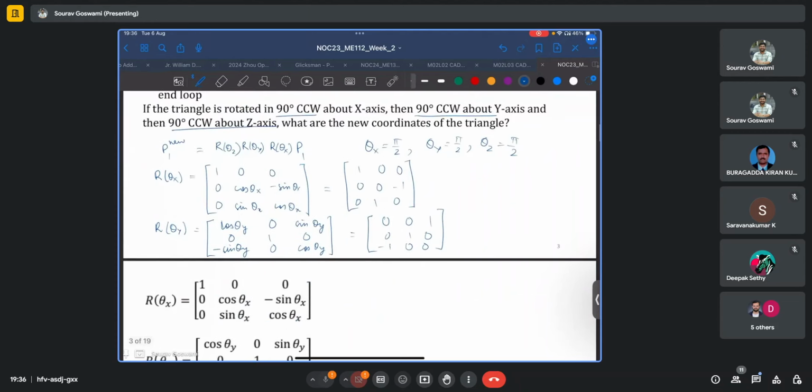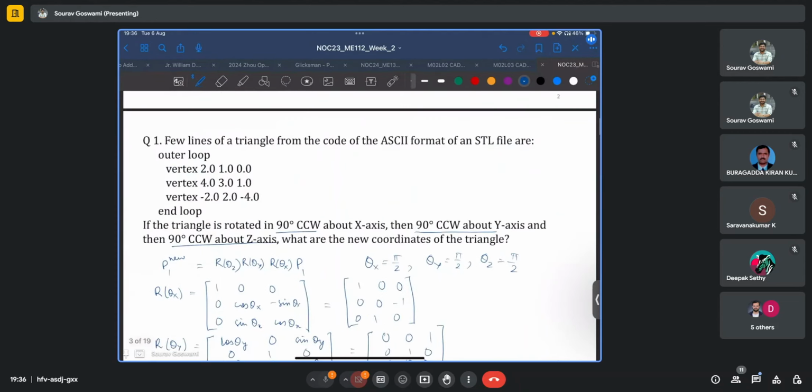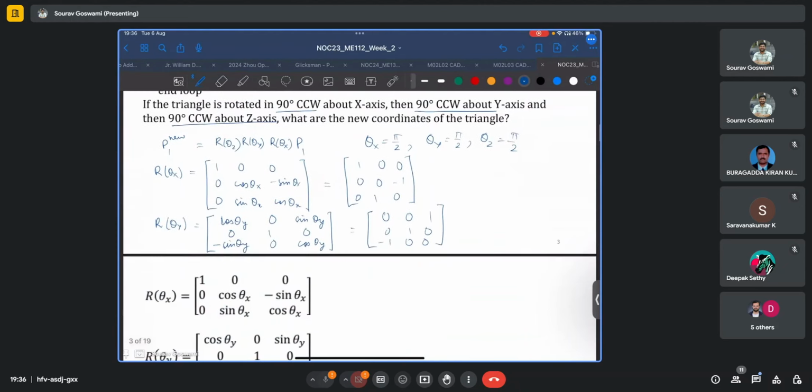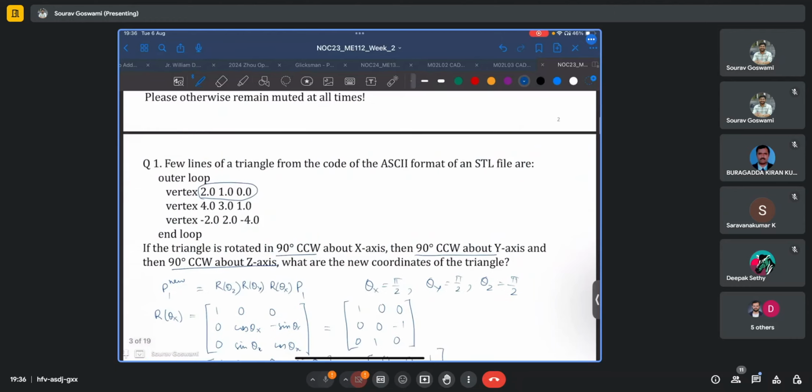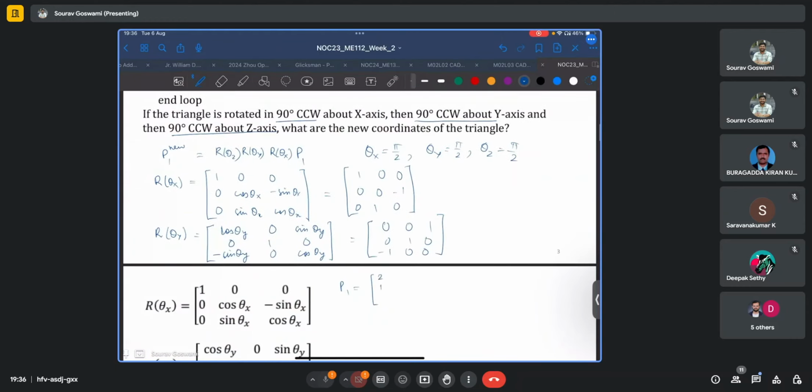Now let us rotate one point. Let it be, say, this point here, P1. Originally, P1 is equal to 2, 1, 0. R theta x times P1 is actually the operation 1 0 0, 0 0 minus 1, 0 1 0 times 2 1 0.